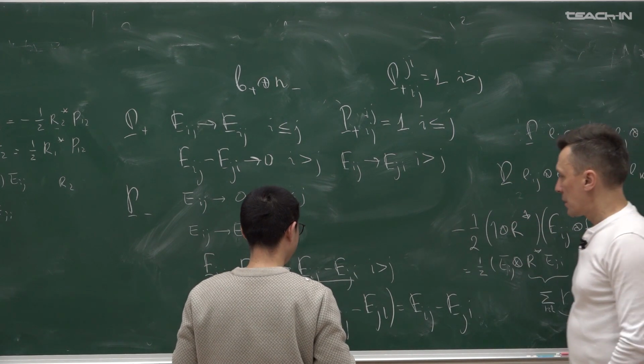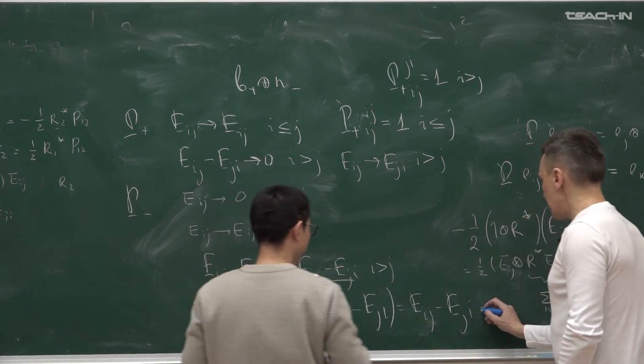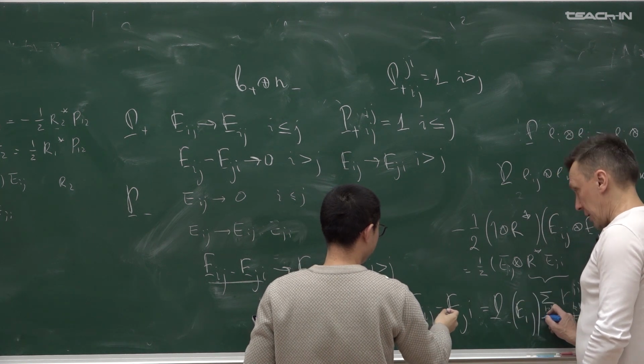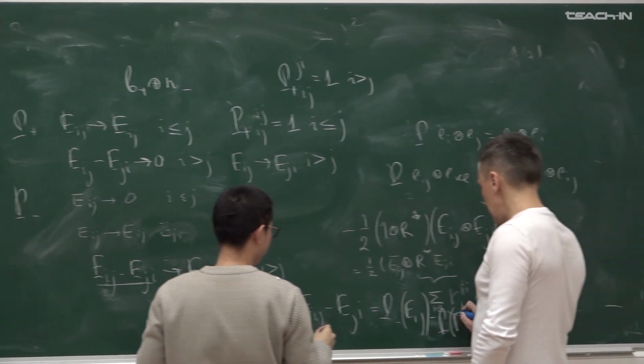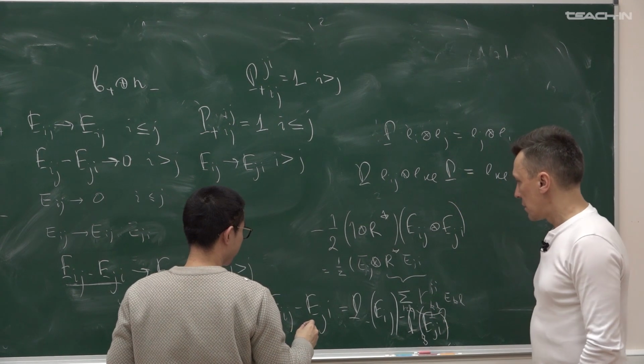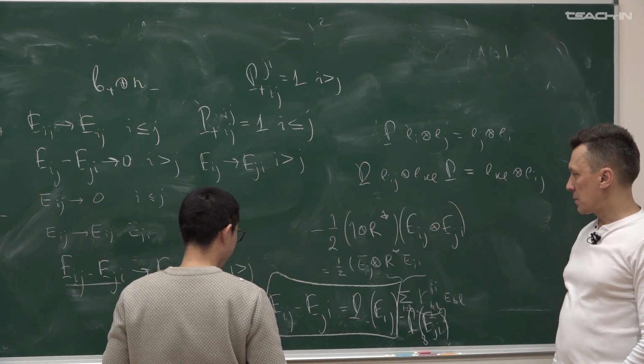But it is a linear operator, and it equals P minus Eij minus P minus Eji. But this is 0. So it's a definition of this action.